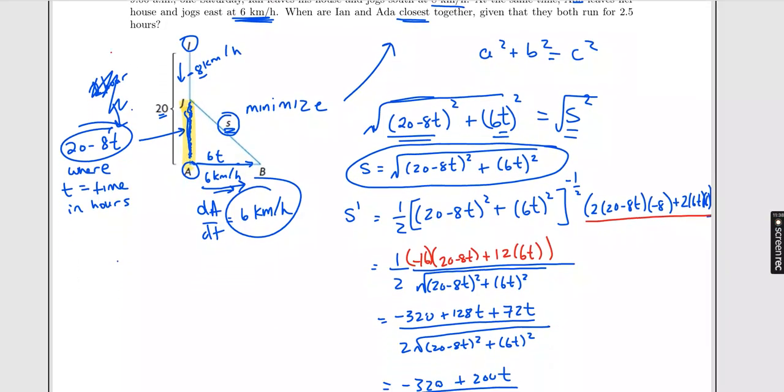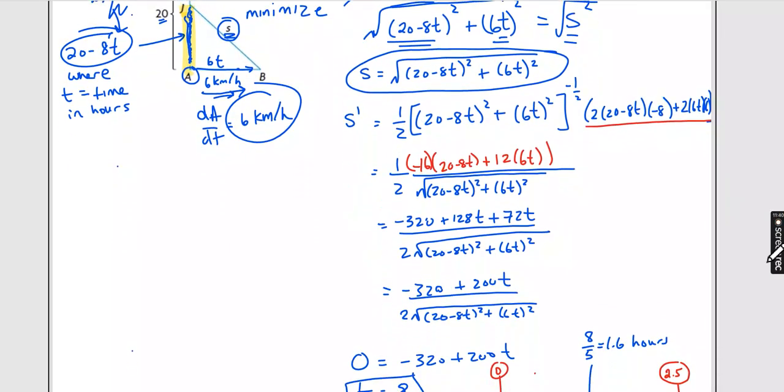Now all I do is find the derivative. That's the power rule and then the chain rule. This is the derivative. All I did was move this part to the front. Simplify the numerator only, leave the denominator. It simplifies down to negative 320 plus 200t.